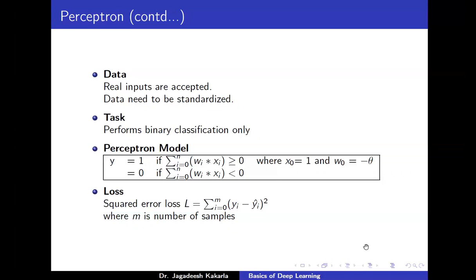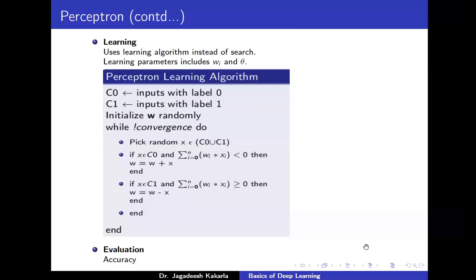Again the loss is the squared error loss only. The only change is that weights are there and the inputs can be real numbers. In the perceptron learning algorithm, if it converges, meaning the number of iterations is reached or the loss is 0, then we stop the algorithm.